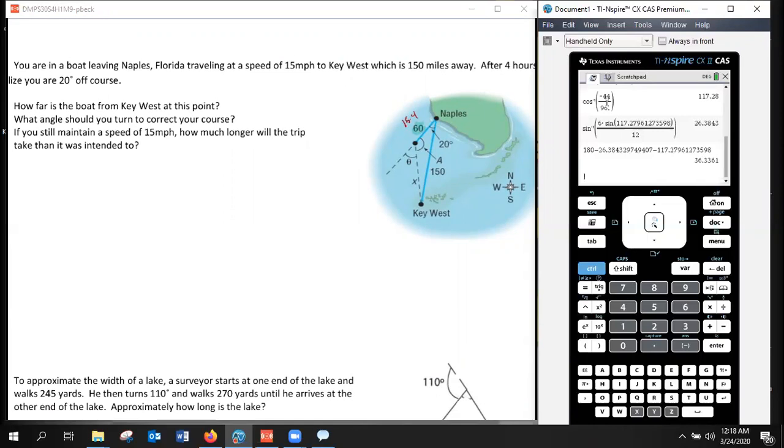We also know that we are 20 degrees off course, and that Key West was 150 miles away. When I look at what parts of this triangle I have, I have a side-angle-side relationship. I always like to identify what kind of relationship I have because that tells me what approach to take. And surprise, surprise, we need to use the law of cosines to solve this.